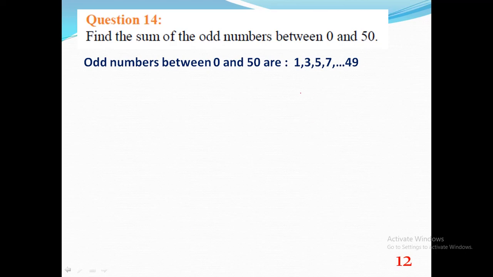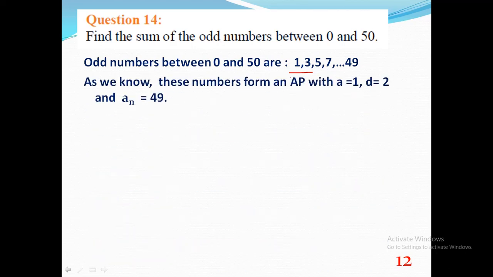We have to find that first. If we know n, it is easy to find the sum of all these numbers, because we know a, and we know the difference also, the common difference is 2. a is 1 here, and an is 49. We know the last odd number also. But if we know n, it is easy for us to find the sum.